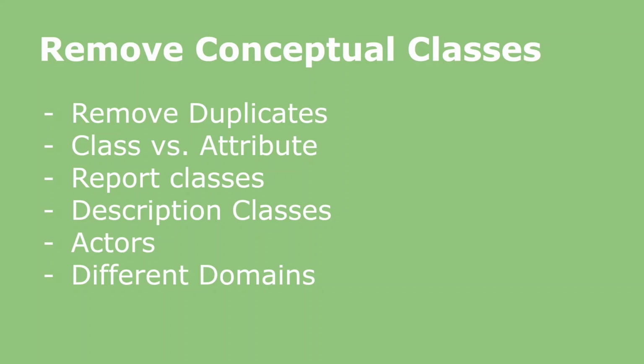We can imagine that students also have a role in this student administrative system. They can also do some things in the system, but they are also an integral part of the information that we actually need to have in the system for the requirements to work. So in that case, the actor student is also a conceptual class in the domain model. This is something you really need to think about.